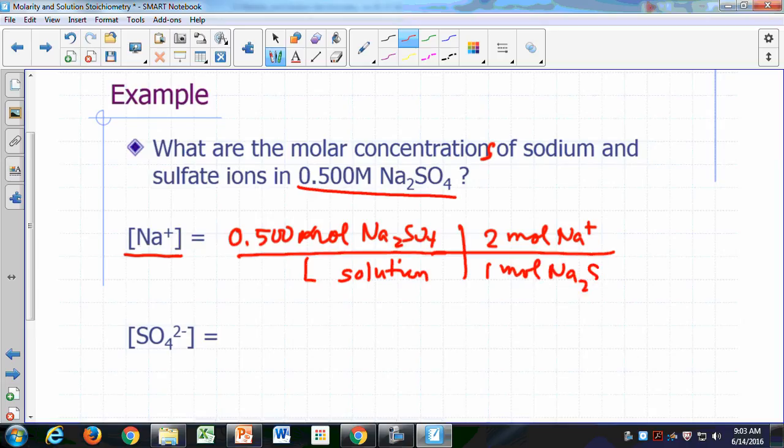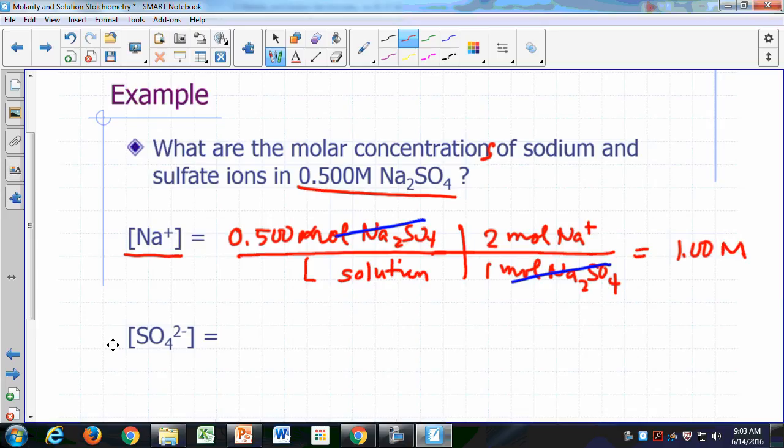So basically you're only interested in the sodium ion. When you cancel moles of sodium sulfate, that gives you an answer equal to 0.5 times 2, so that's 1.00 moles of sodium ions per liter of solution.